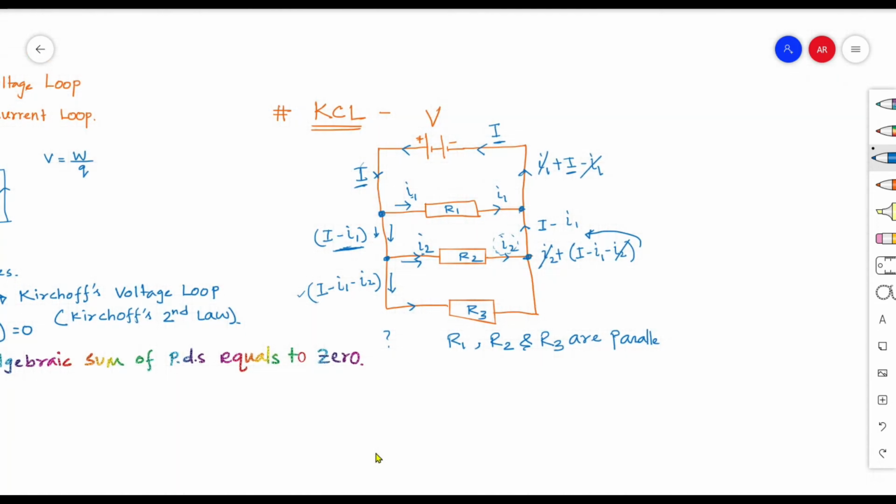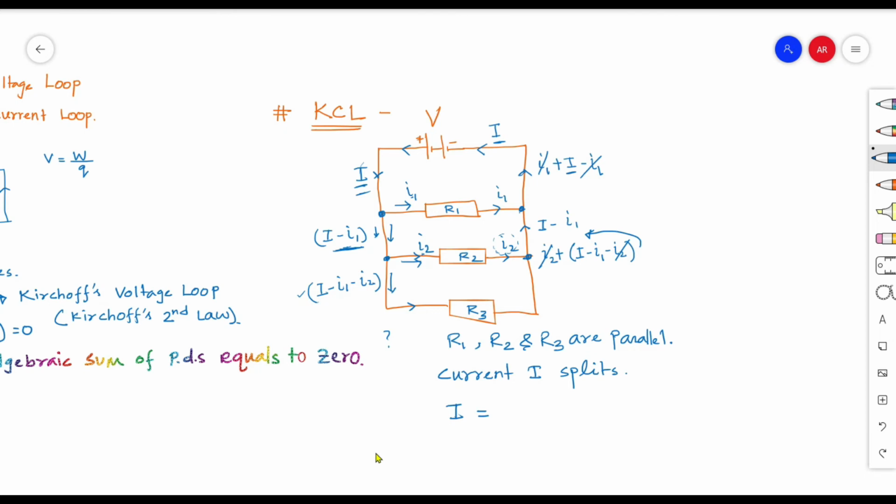So current leaving the terminal is the same as current entering into the terminal. Total current leaving a terminal is the same as total current entering into the terminal. So here we see that the algebraic sum of all the currents is going to be 0.